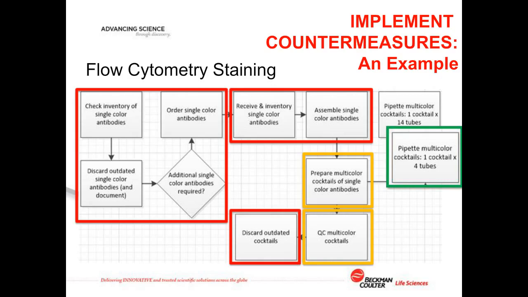So there's more than one way to drill down on the issue. One would be to do away with your single color wet reagents. The other is to move from a 4 or 5 or 6 color platform to a 10 color platform. So these are all examples of countermeasures that you can put in place to fix your workflow.